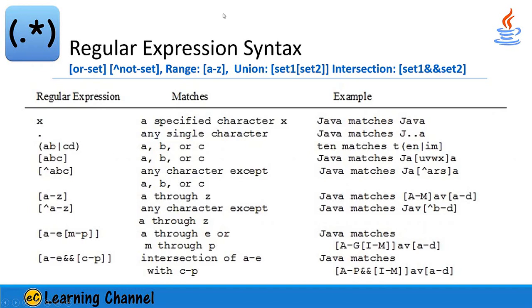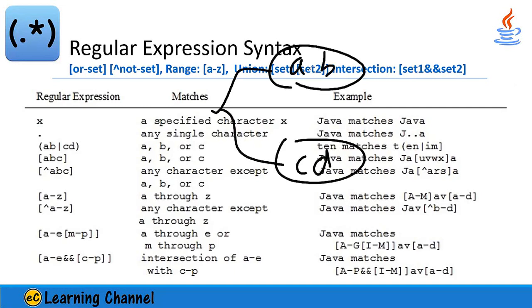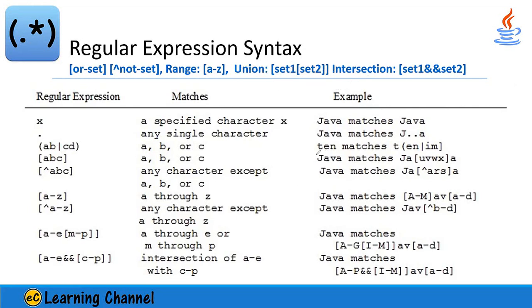And optional AB and CD: that one will go either A followed by B or C followed by D, right? So this pattern only allows AB or CD to pass. It only matches that. For example, if we have TEN or TEAM, this can only be 10 or team. Is that okay?